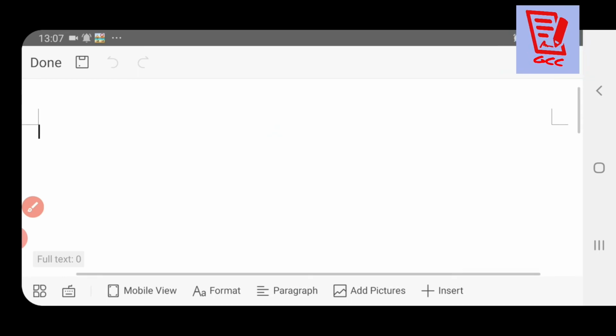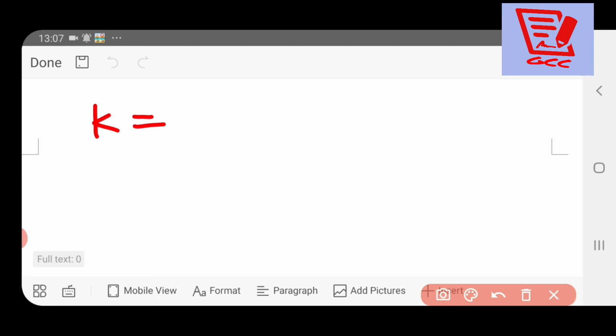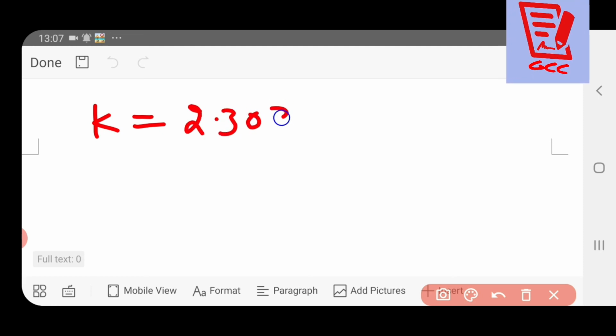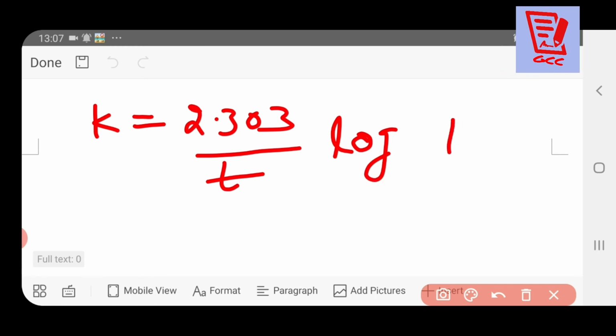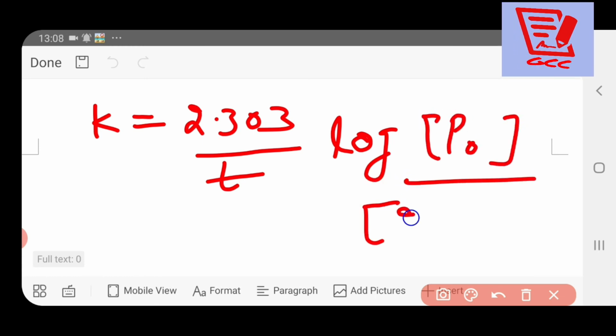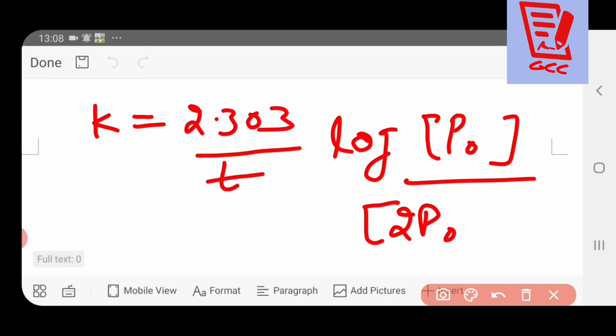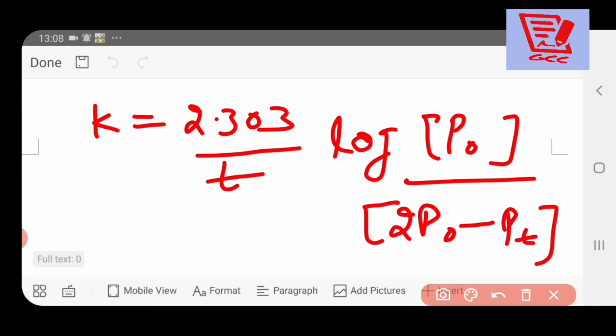Then the formula will be K is equal to 2.303 by t log of P naught upon 2P naught minus Pt.